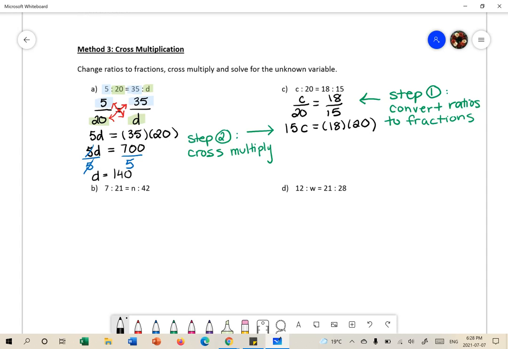Then I'm going to simplify my right side. 18 times 20 is equal to 360. And then I'm going to divide both sides by 15 to isolate for c. C is equal to 24.